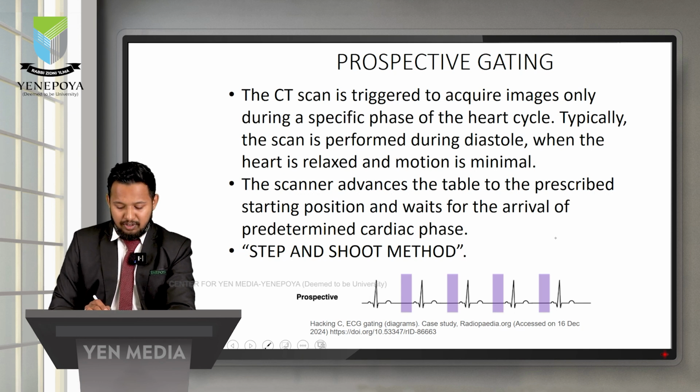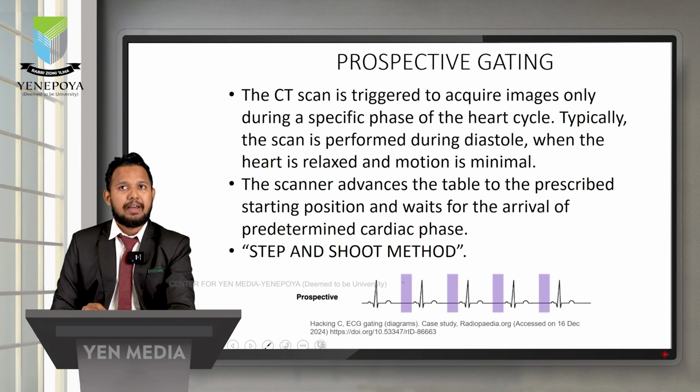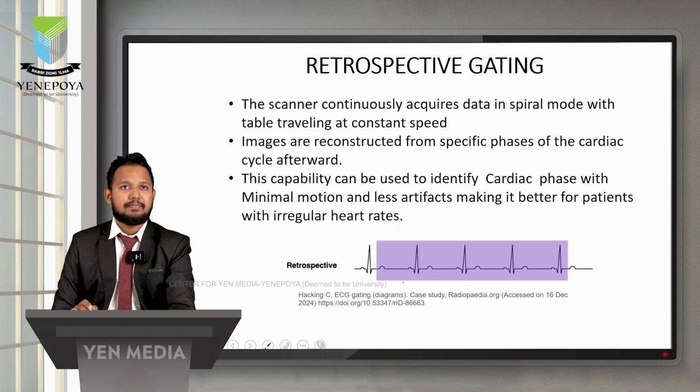If you see the graph here, when the diastole phase is there, where the motion is slightly lesser, we take the scan. One advantage of this method is that the radiation dose is typically less when we compare it with the retrospective method. Now let's see what is retrospective gating.